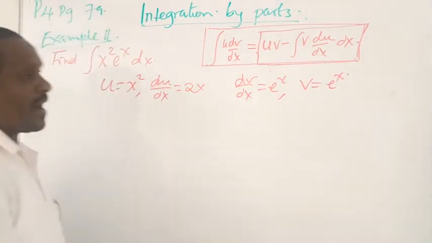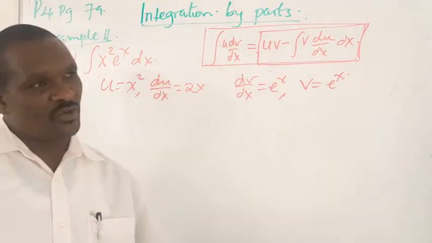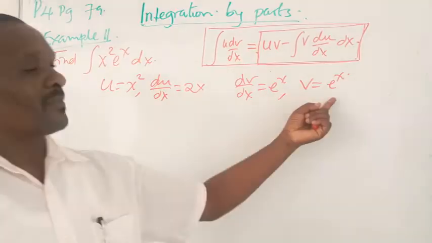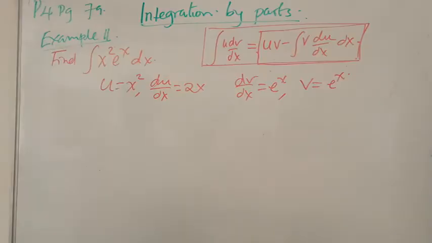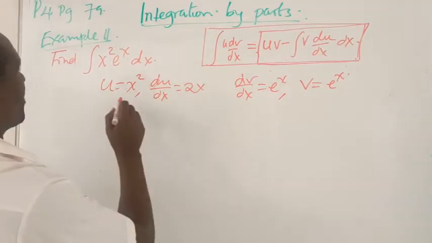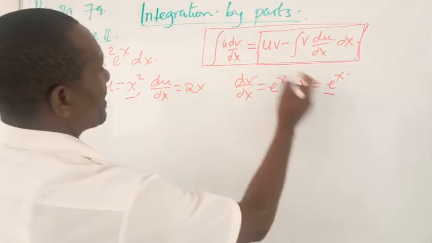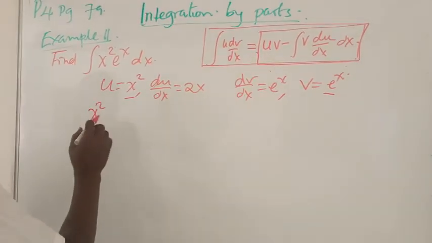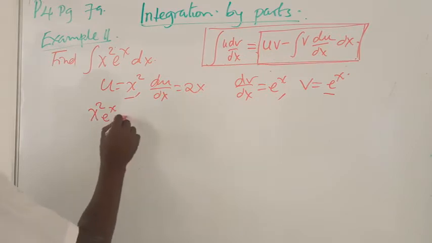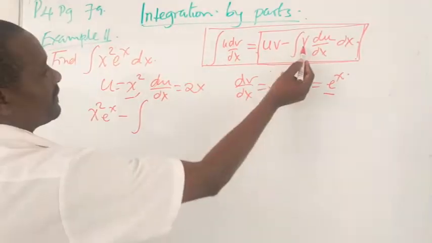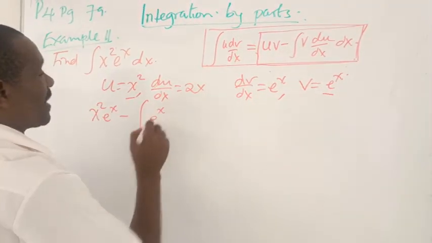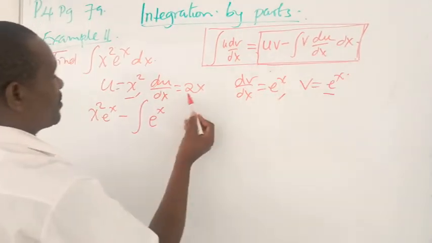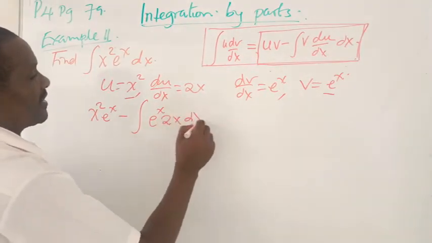Because even when we are having e^x, the differential of e^x is the same e raised to power x. And if that is true, then we need to pick the u and the v and substitute them here. So we are going to have x squared e^x minus now the integral of v, which is e raised to power x, du dx, which is 2x with respect to x.